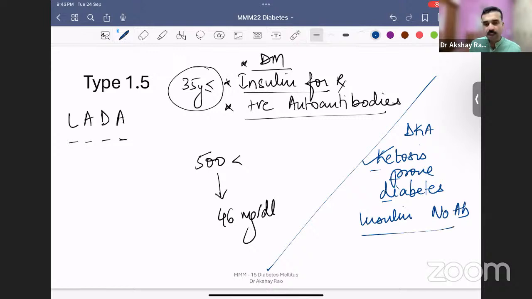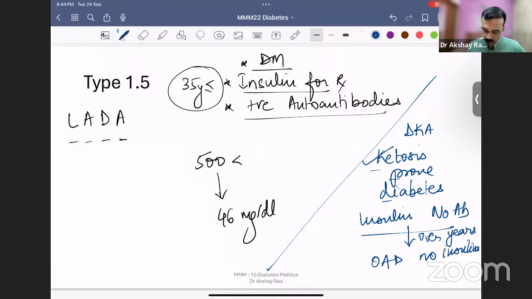And gradually, over the next few months to years, their insulin requirements come down. So you can then maintain them only on oral antidiabetics, with no insulin. Over time, that means years, their insulin requirement starts to come down. This is another entity. You can just remember the name, ketosis prone diabetes.